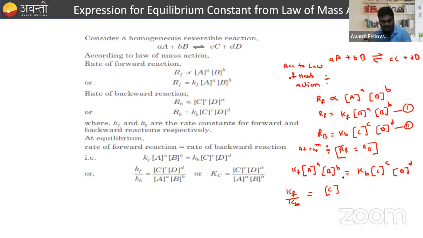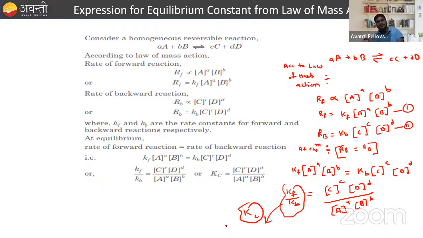Kf upon Kb comes out to be the concentration of the products, [C]^c [D]^d, divided by the concentration of the reactants, [A]^a [B]^b, right? And this Kf upon Kb is known as Kc. So this is the expression for the equilibrium constant Kc. So how will you find the value of Kc?